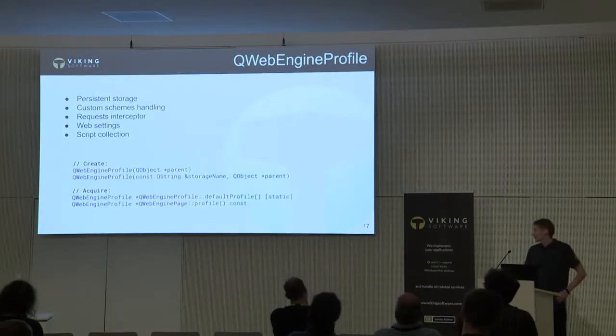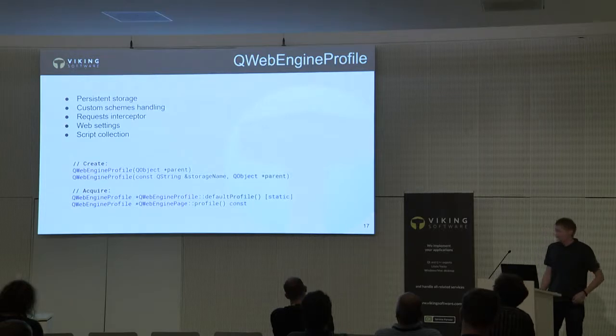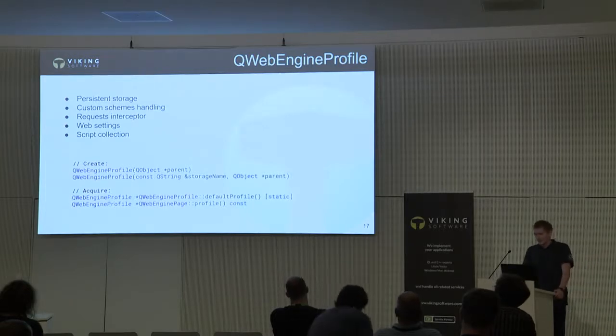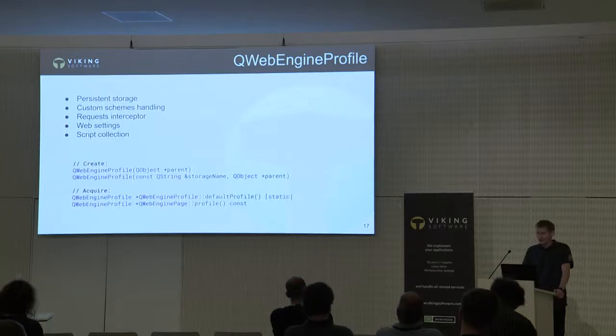For default profiles, we also can use API provided by Qt WebEngine. It has a default profile that can be requested and used like any other. Also, profile is the place where request interceptors are stored.